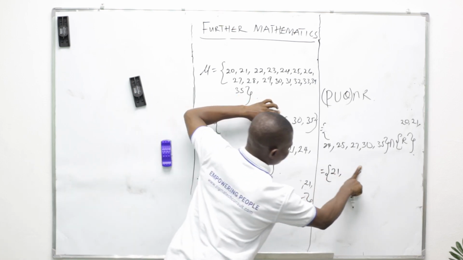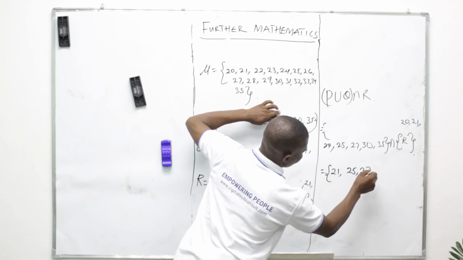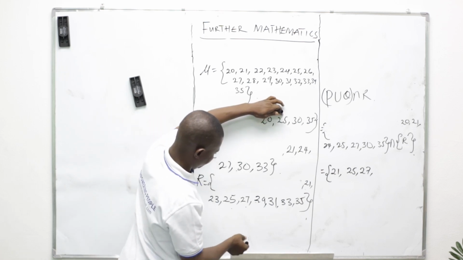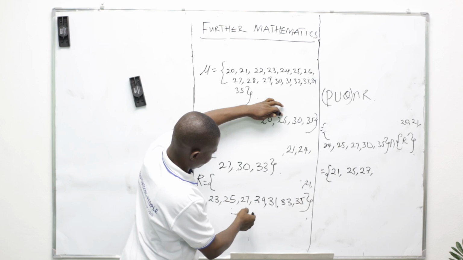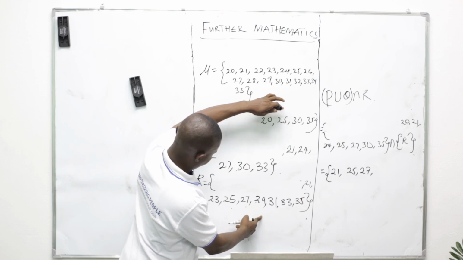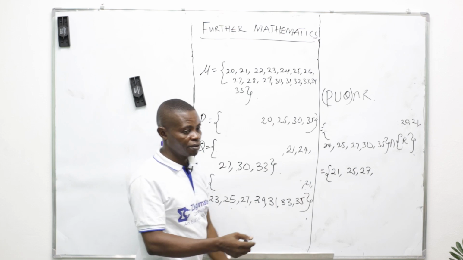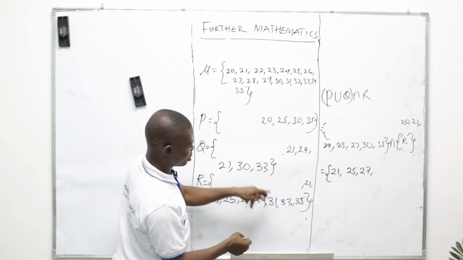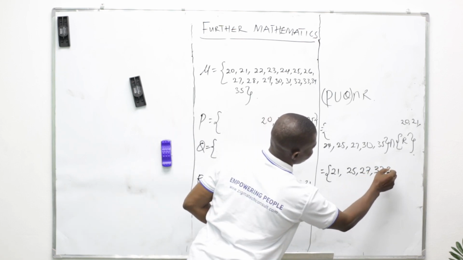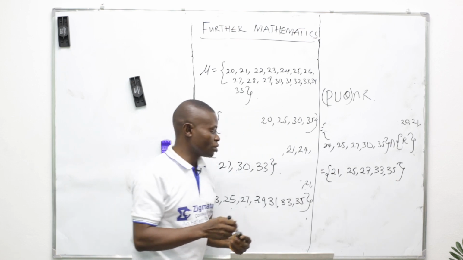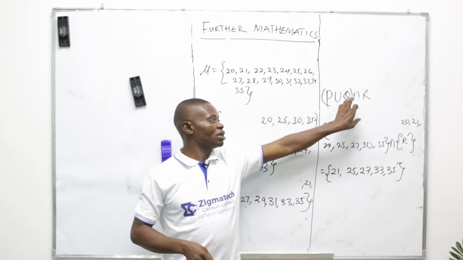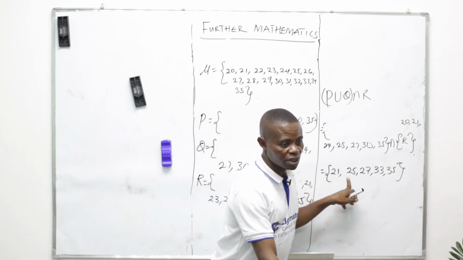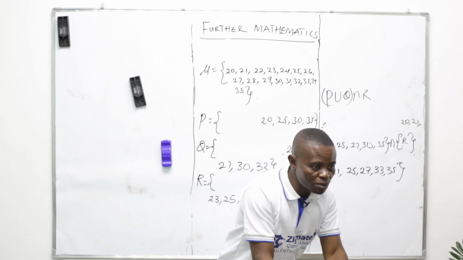No 30 here. 33, and 35. So P union Q intersection R is what? 21, 25, 27, 33, and 35, option B.